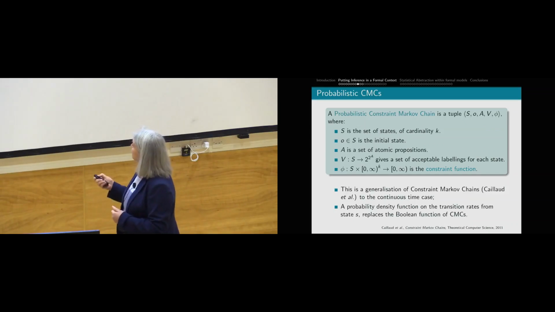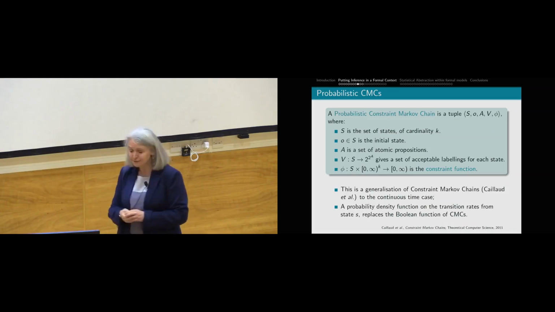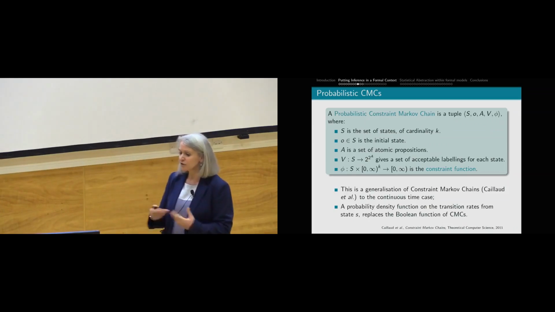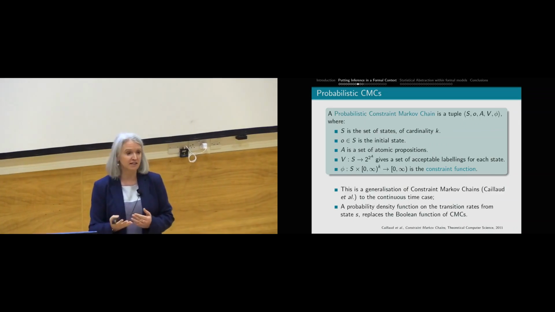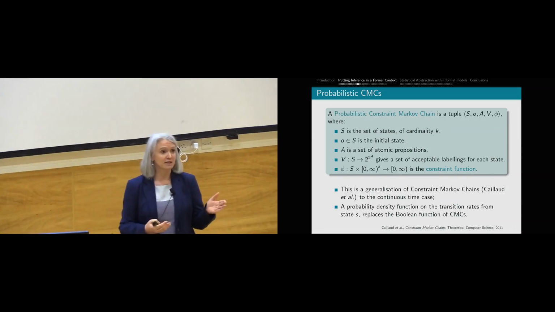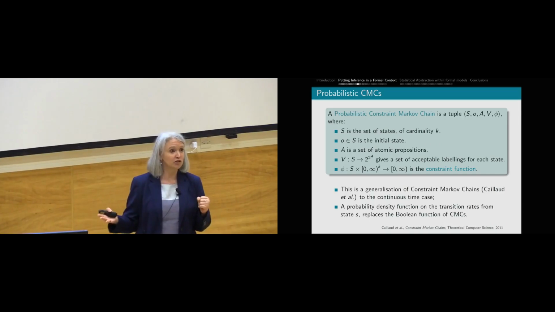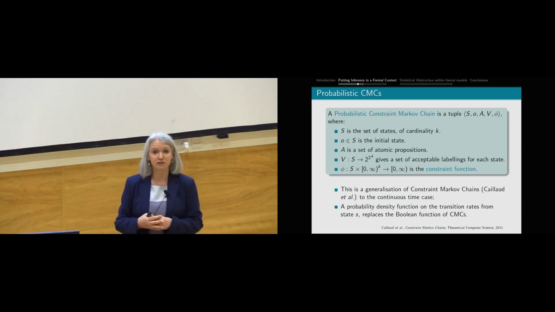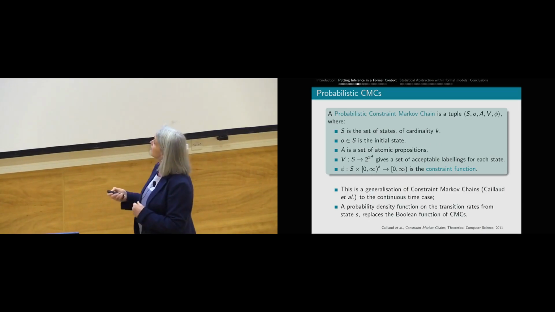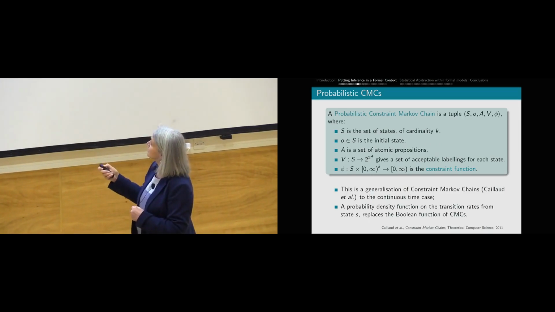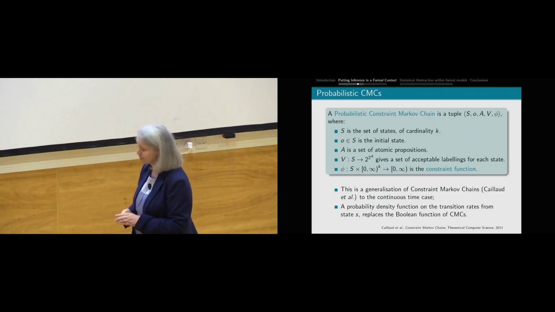And this is a generalization of a previous mathematical structure called constraint Markov chains, which worked for the discrete time case, and also just worked in the sense of saying this value is okay and this one is not, without giving you any idea of the likelihood or probability of those values. So we shift to having this constraint function now working with distributions.